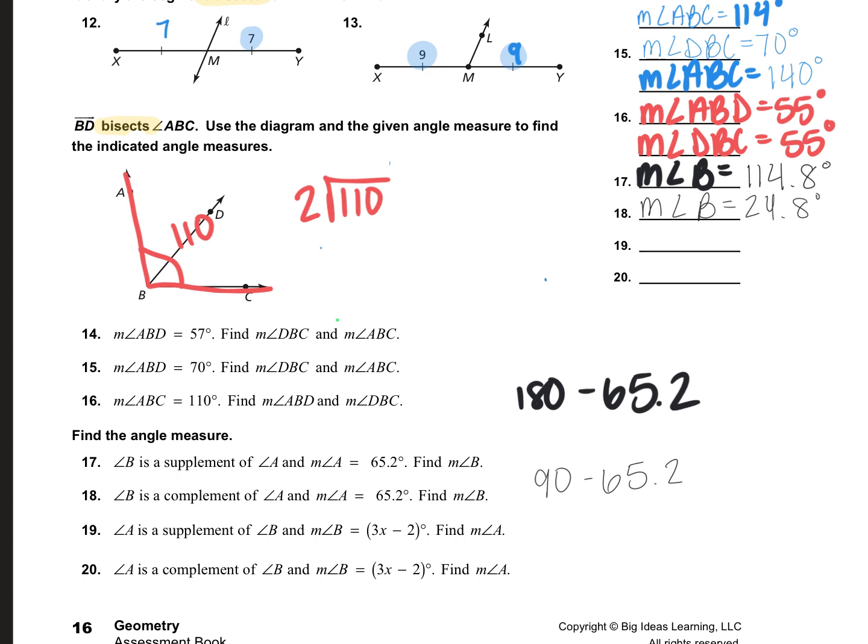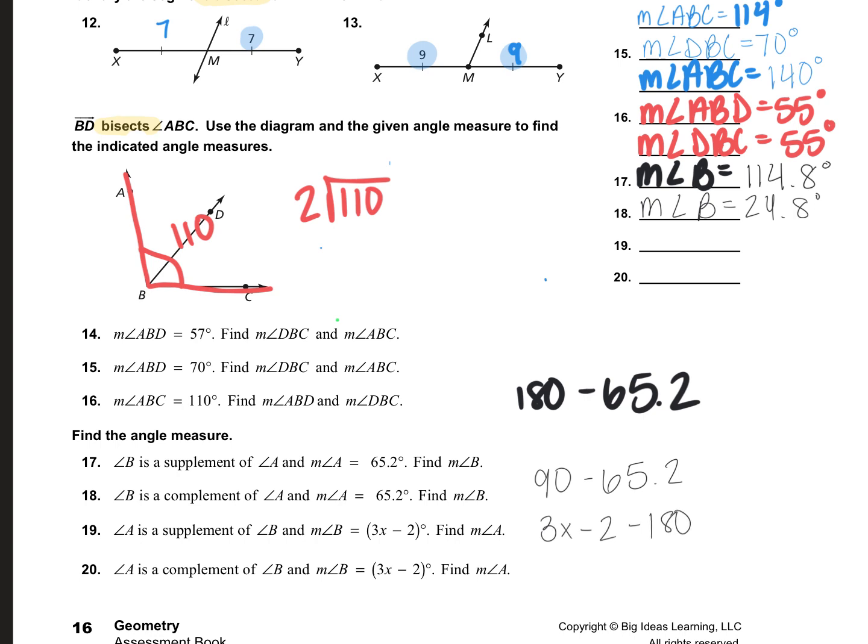All right, number 19, the measure of angle A is supplement of the measure of angle B, and the measure of angle B is 3x minus 2 degrees. Find the measure of angle A. What would I do for this one? Yes, there's parentheses, there's 3x, there's minus 2. For this one, I'm going to still subtract. 3x minus 2 minus 180.